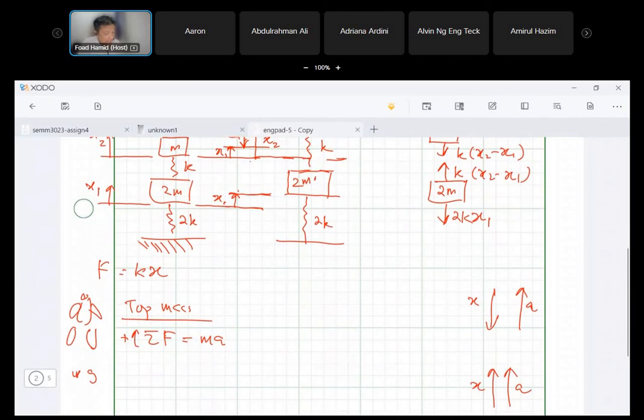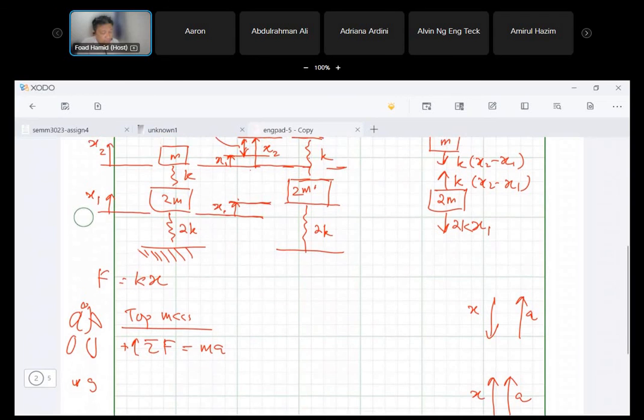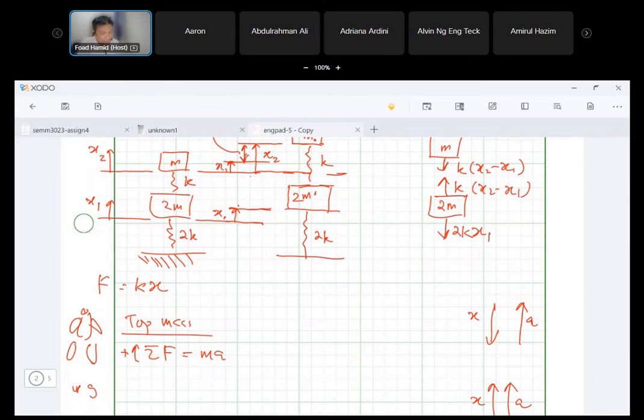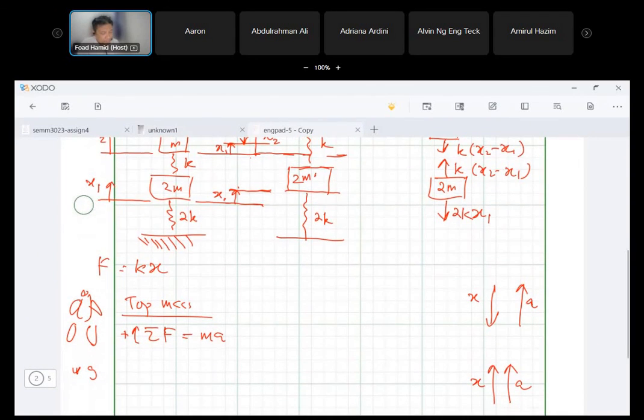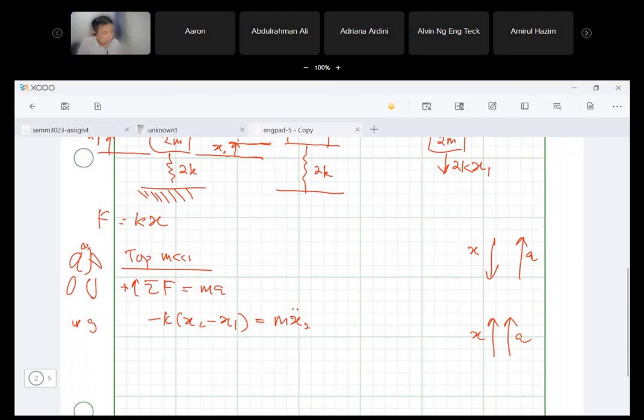For the top mass, we just have k(x2 minus x1) minus k(x2 minus x1) equal to m times x double dot 2. Okay, so this is one equation.